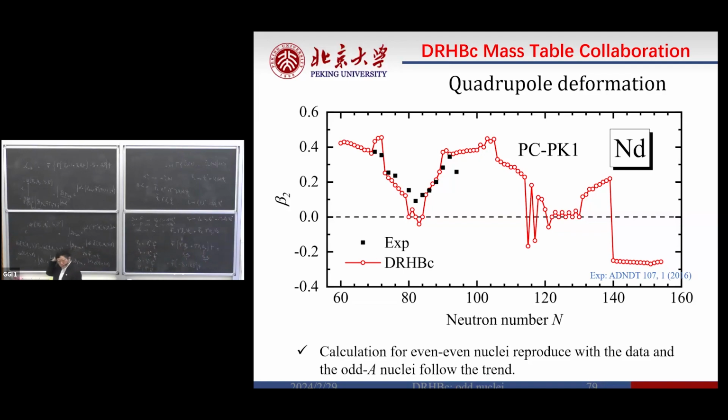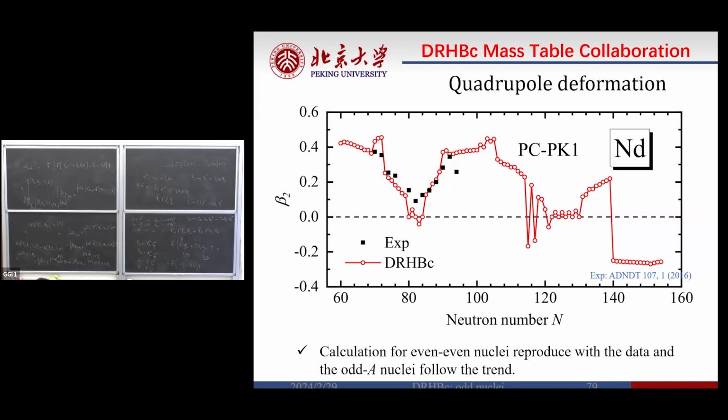This big jump here always corresponds to the shape coexistence. For example, for this nucleus, there are always two minima in the energy curve.